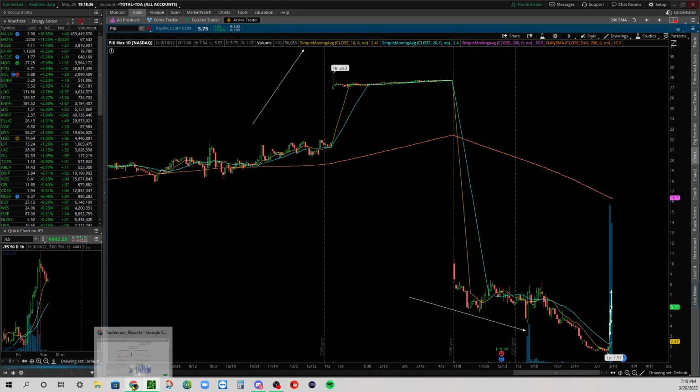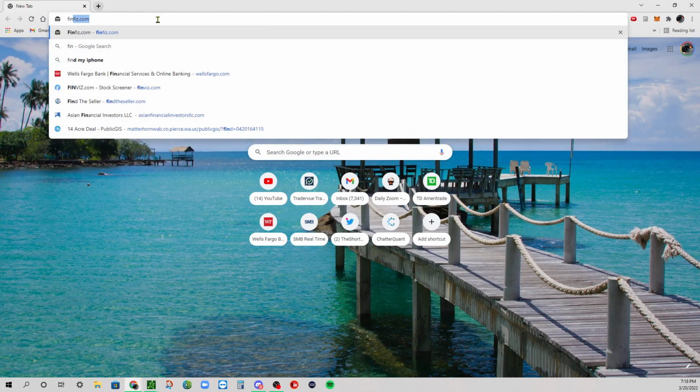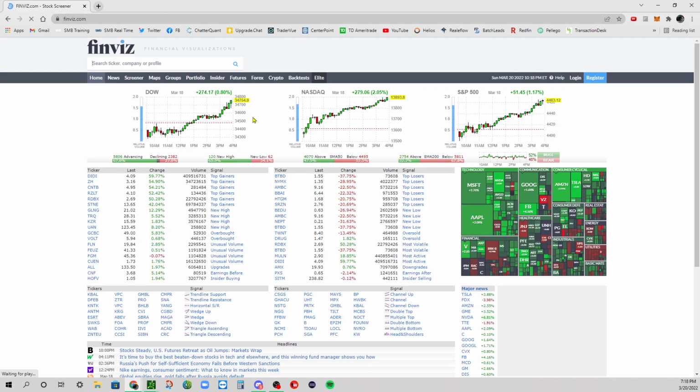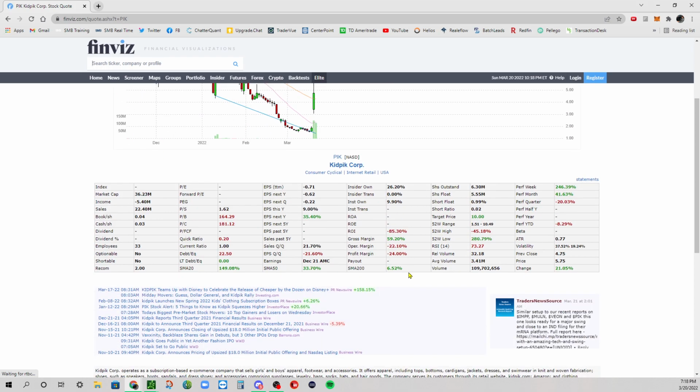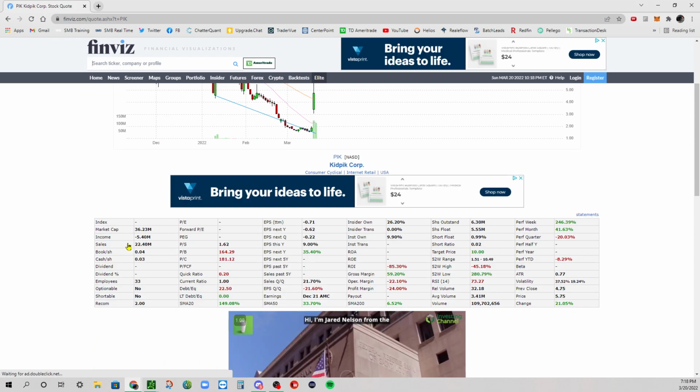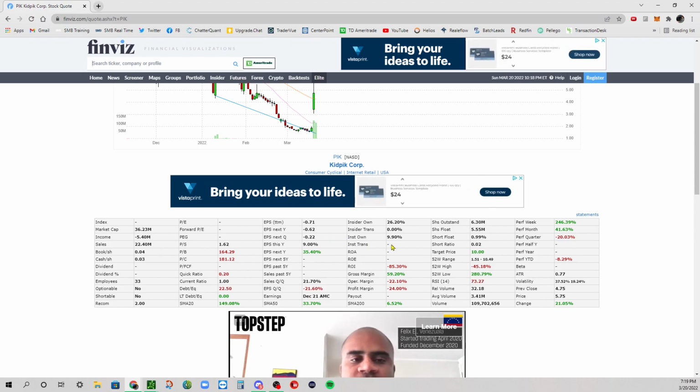And then you add that into looking at your market analysis. Let me see if I can find an example. Finviz.com. And then we will do PIK, market cap. Let me see, where is that at? I think I was trying to find this the last time, it wasn't showing, but what I'm looking for is this shares outstanding right here.